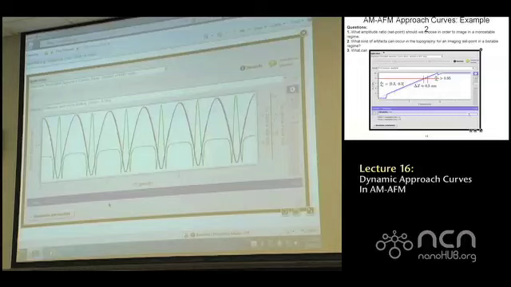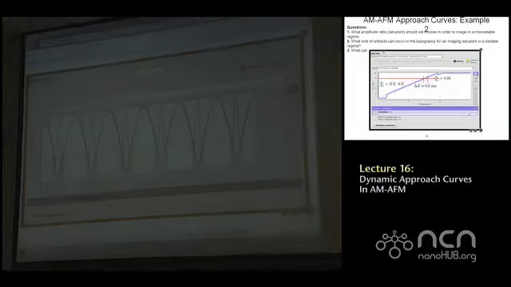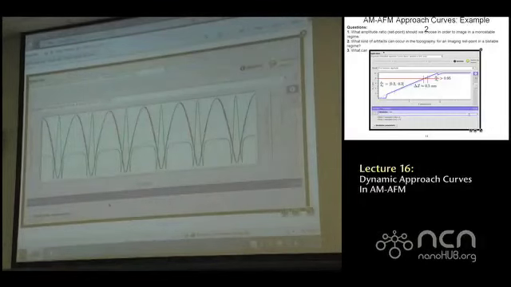Occasionally, under experimental conditions, we might have a hysteretic force, in which case one of the peak attractive forces would look a little different from the other because of some hysteresis and adhesion and so forth. But this is characteristic of what we will see in most tapping mode AFM experiments if we were able to look at the tip sample interaction waveform.